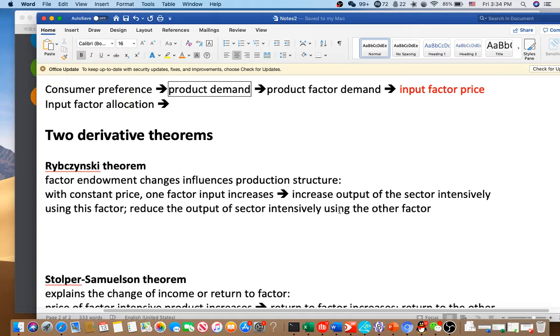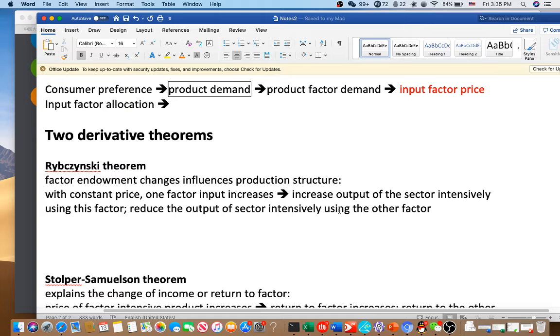The figure 4.3 shows this Rybczynski theorem. This theorem says X is labor intensive, for example, textile, and Y is capital intensive, such as petroleum.